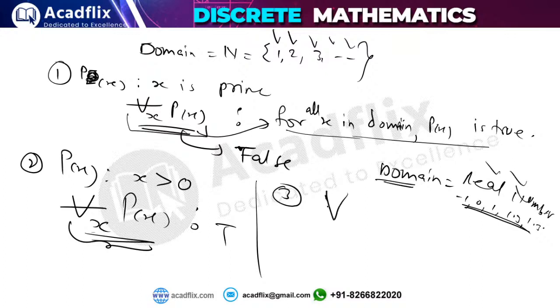Now the P(x) is the same. P(x) means x greater than 0.